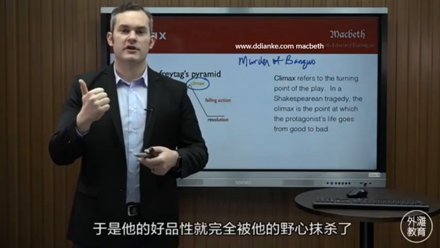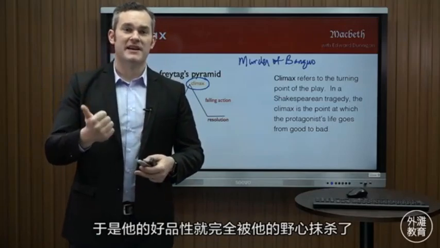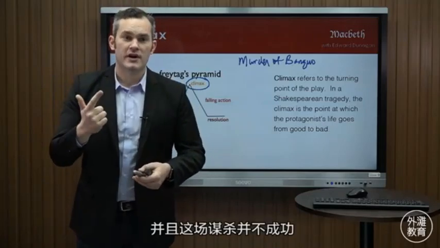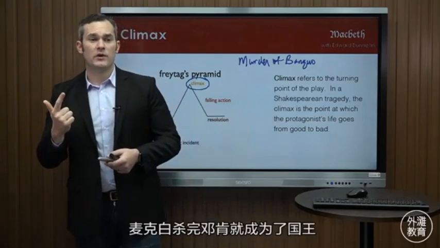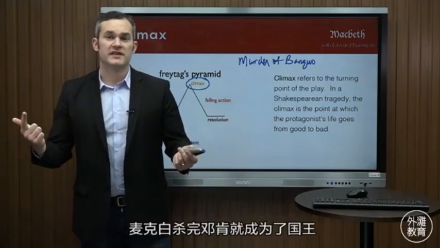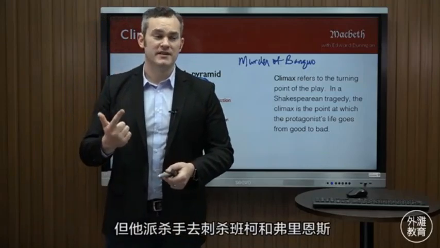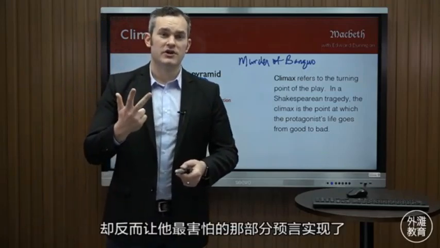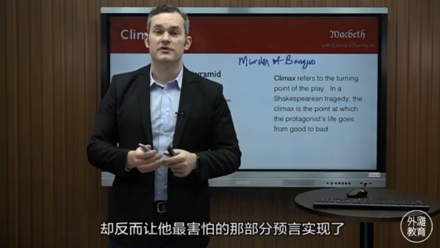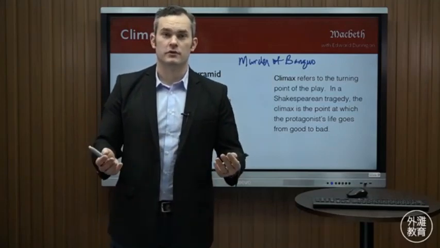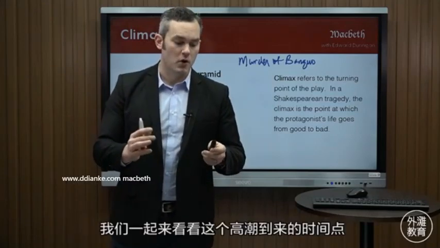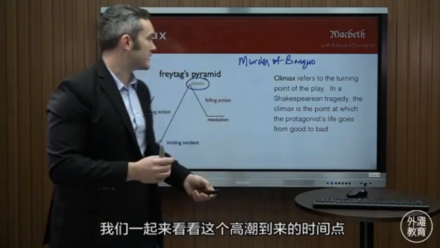His good character has been totally overtaken by his ambition. And also, it's not a successful crime. When he kills Duncan, it works. He becomes king. But when he hires the murderers to kill Banquo and Fleance, Fleance escapes, which allows the part of the prophecy that he's most afraid of to come true. Let's take a look at an important moment in the play related to this climax.